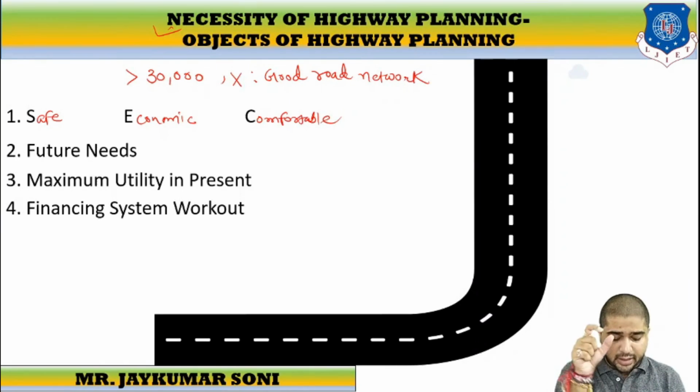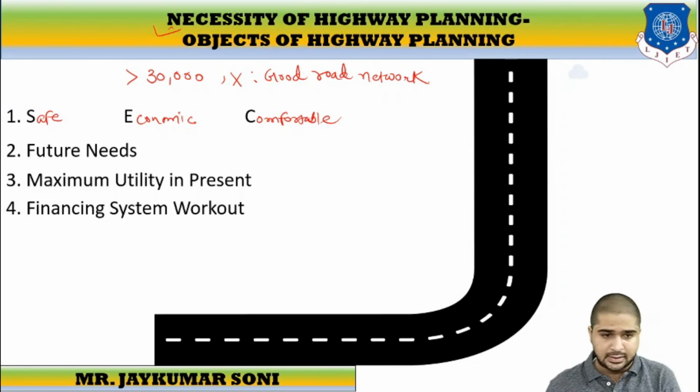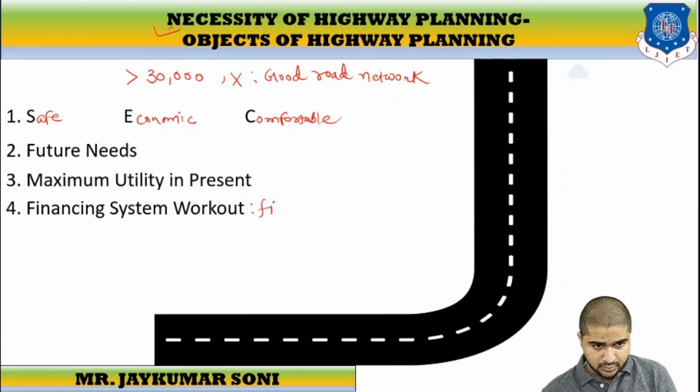And if we are discussing the financing system, then I would like to mention one thing: whenever planners are planning highway development, they need to keep in mind certain things, such as these words. They should consider the fiscal fact and the budgetary fact.